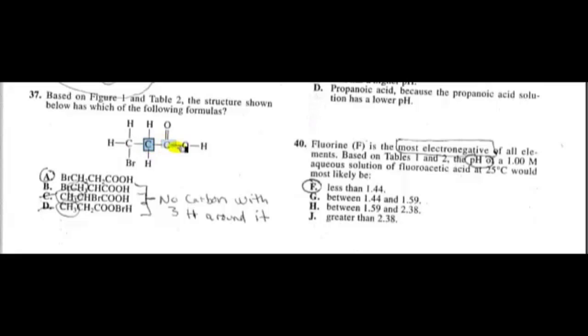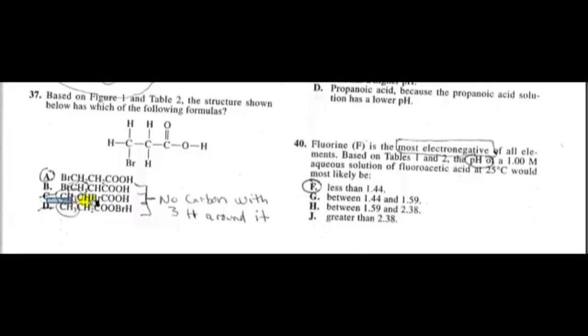And carbon number 3, there is no hydrogens. So that tells you that there is no such thing in this structure as a carbon with 3 hydrogens surrounding it. Therefore, D can be crossed out. With the same logic, we can also cross out answer choice C, because C starts off with carbon and 3 hydrogens as well.